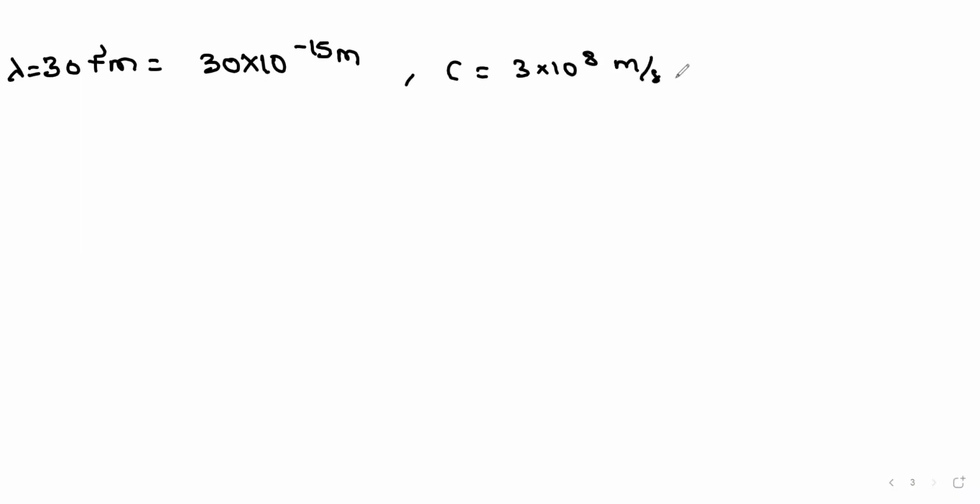So there are so many electromagnetic waves which we don't know till date. But we are familiar with a few, having a wavelength as small as 30 femtometer, 30 into 10 power minus 15 meter. This is the wavelength. If the velocity of light is 3 into 10 power 8 meter per second, what is the frequency of this electromagnetic wave?